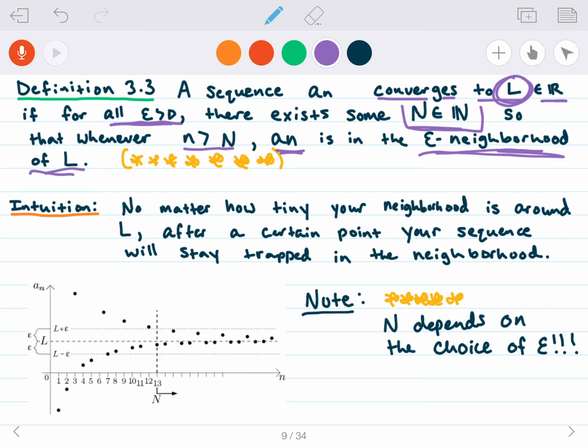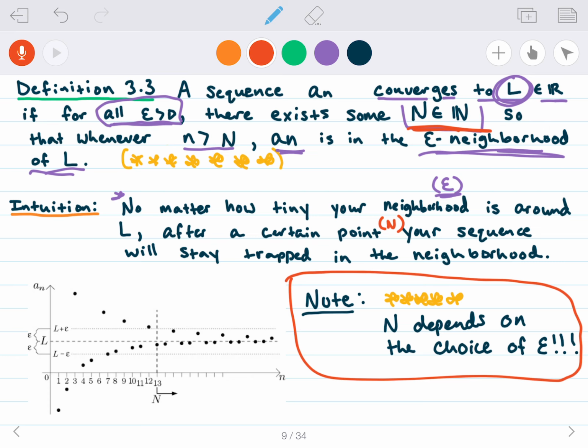So the intuition of this definition is no matter how tiny your neighborhood, aka epsilon, no matter what you choose epsilon to be, after a certain point, that's where this capital N comes in, your sequence will stay trapped in the neighborhood. We're really going to dissect what this means, so just bear with me for now. But an important note is that the N that you choose depends on your epsilon.